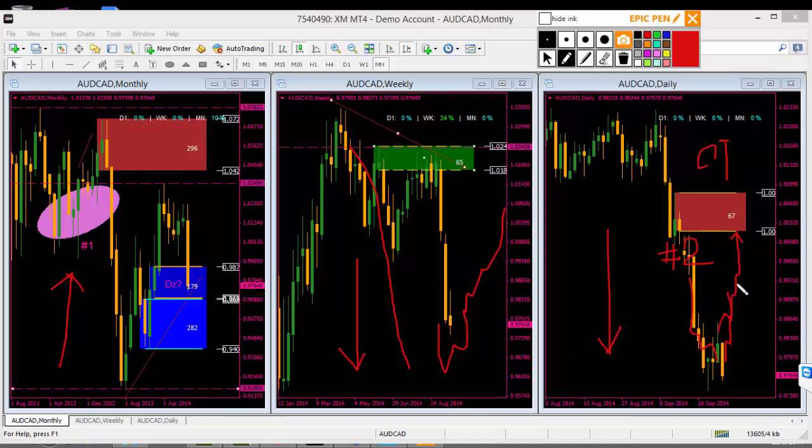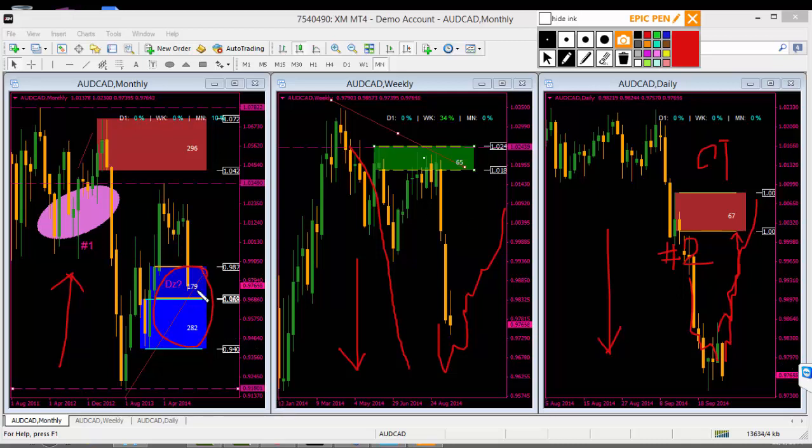Then you see the daily move up. So sooner or later, both the weekly and the daily will align themselves with the higher trend. Where does that happen? It's going to happen in the monthly demand.